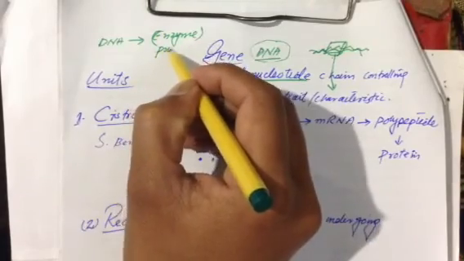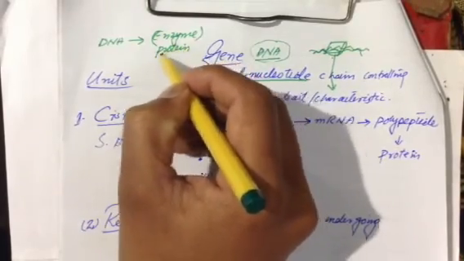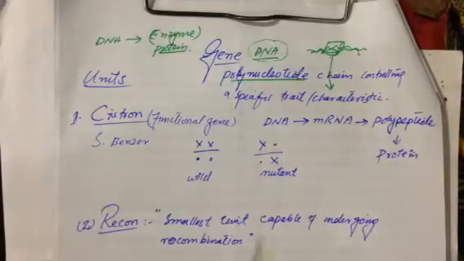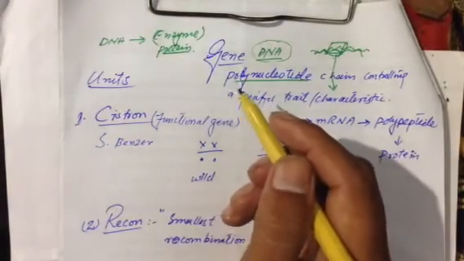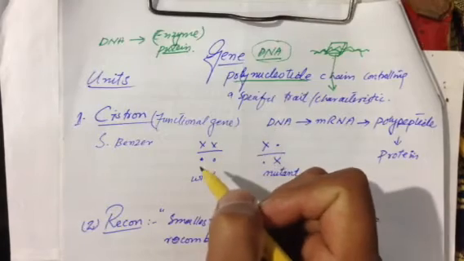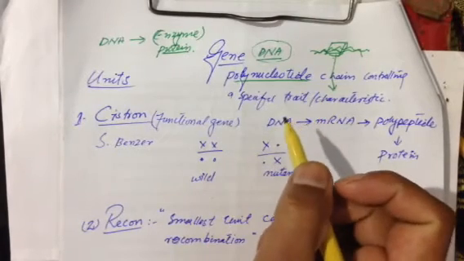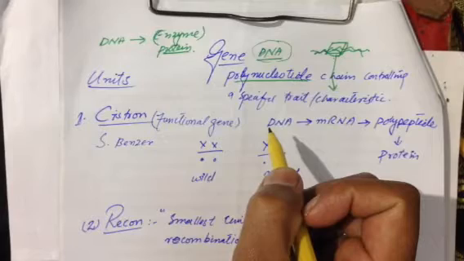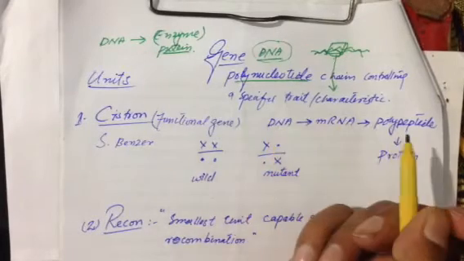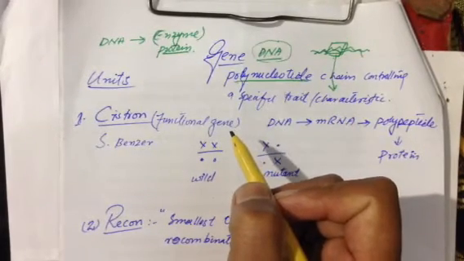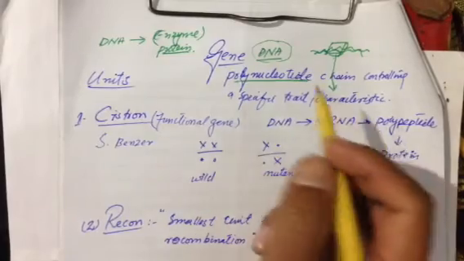It is basically a protein unit. Different scientists, for example Beadle et al., proposed that one gene can make a single protein. And now we are going to explain this one gene, one protein concept.